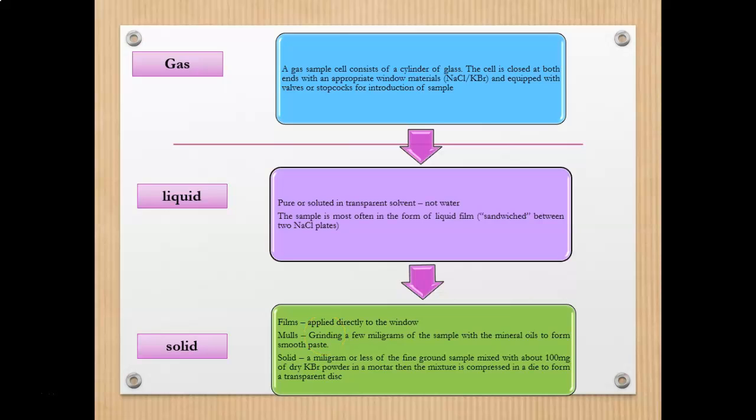For solid, a milligram or less of the finely ground sample is mixed with about 100 milligrams of dry KBr powder in a mortar. Then the mixture is compressed in a die to form a transparent disc. There is an instrument that can use solid powder directly. If you don't have that equipment, you need to mix with dry KBr, just like in our experiment.